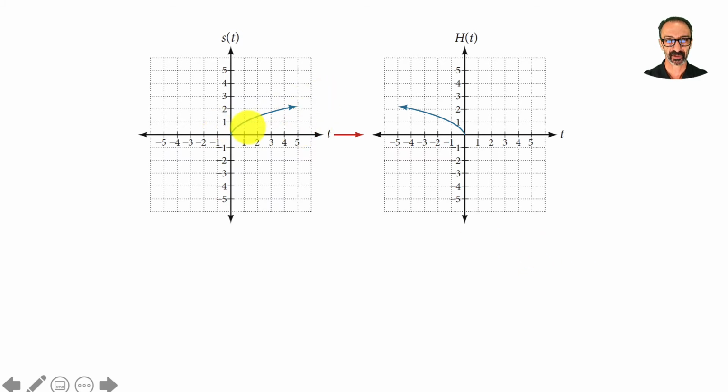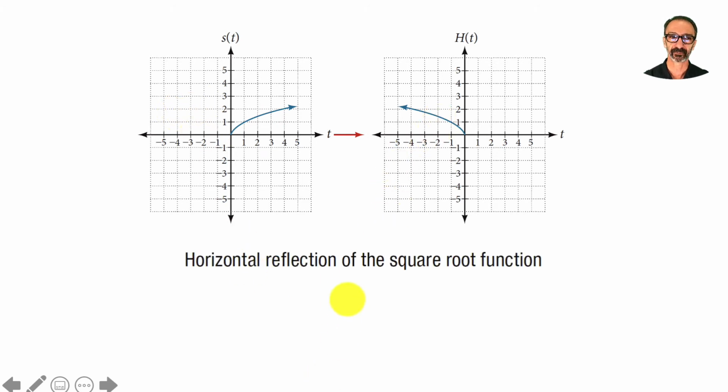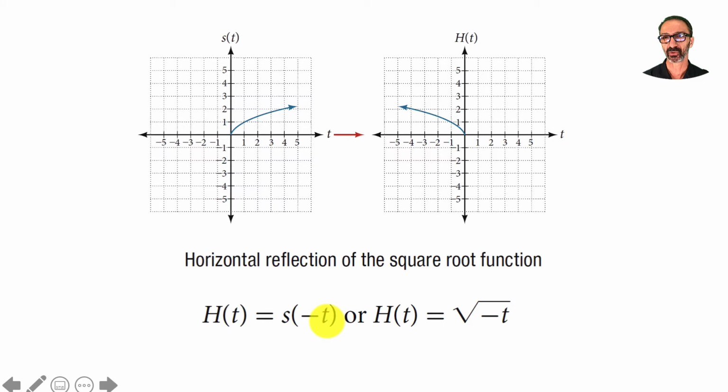So instead of going this way, reflecting about this line, you're going to go horizontally, reflect, and you're going to be on the left, as you can see. So whenever you replace t with minus t or x with minus x, you are reflecting about the y-axis.